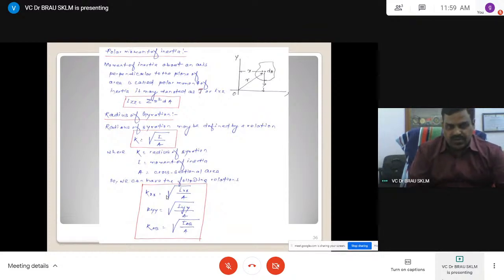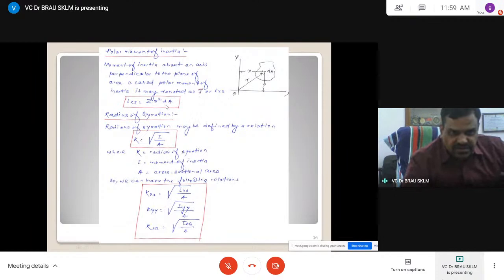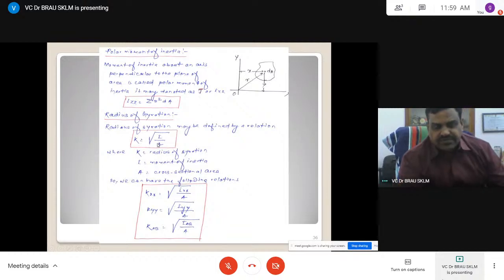Radius of gyration is such that if this area is a concentrated area like this, multiplied by some distance squared, then I is equal to A K squared. We get the expression like this. Here K is called the radius of gyration. I is the moment of inertia and A is the cross-sectional area, so that we can have the following relations.